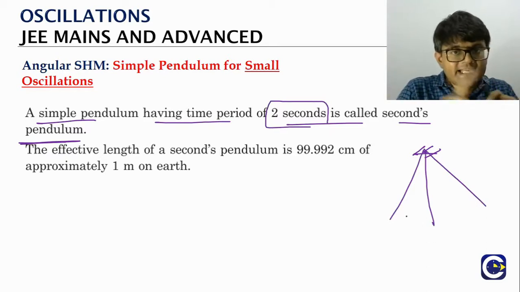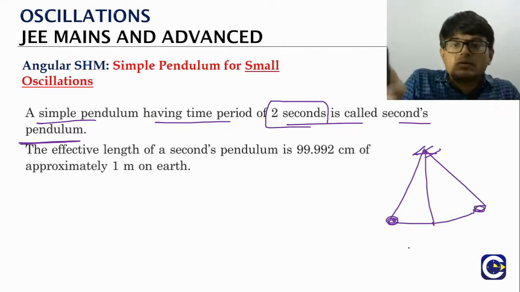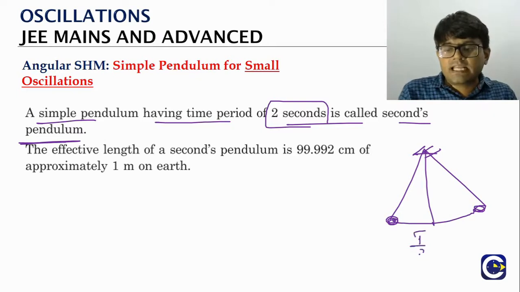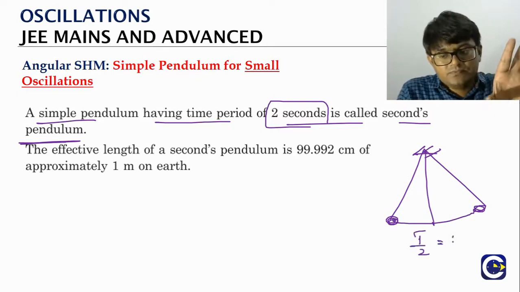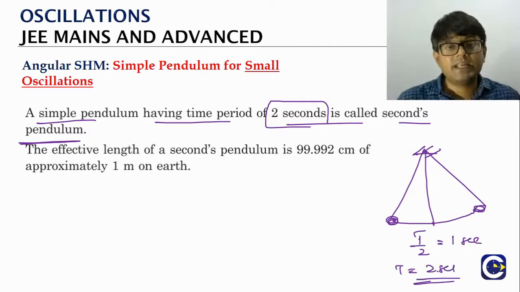It basically ticks after every 1 second. If you start from one end, it goes to the other end and does a tick, from one extreme to the other extreme. The time required is half the period value. So if half the period is 1 second, the period is 2 seconds. So a seconds pendulum will have a period value of 2 seconds.